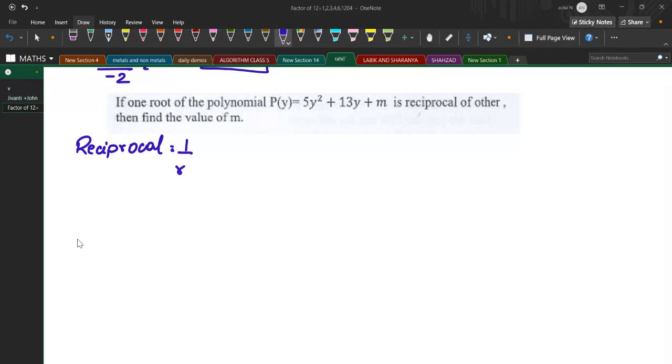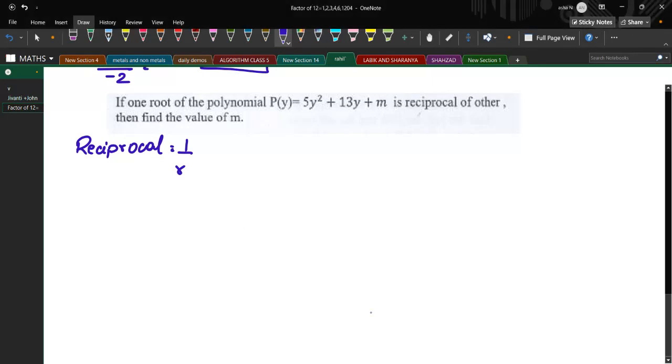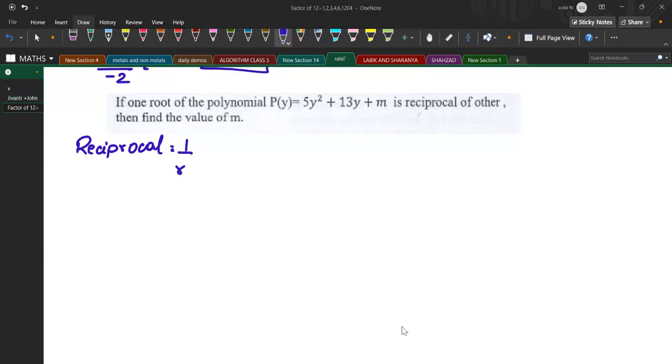I think we have to use the root formula here. Then how will we do here? What will be a, what will be b, and what will be c? And then what about the formula?